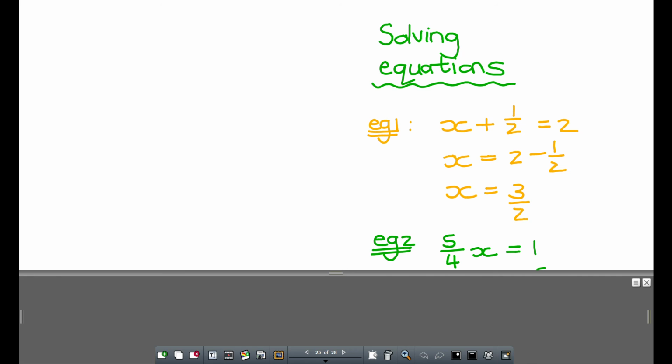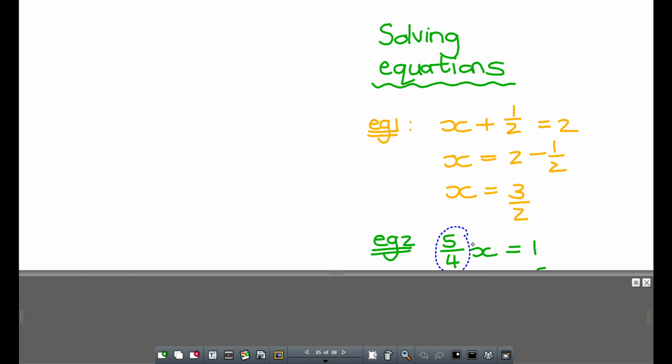Okay, the next one. 5 over 4x is equal to 1. Now, 5 over 4x is actually 5 over 4 times x. So if I want to have x alone, it means this 5 over 4, I'll move over. And what does it then become? Divided. Listen. It's a fraction.